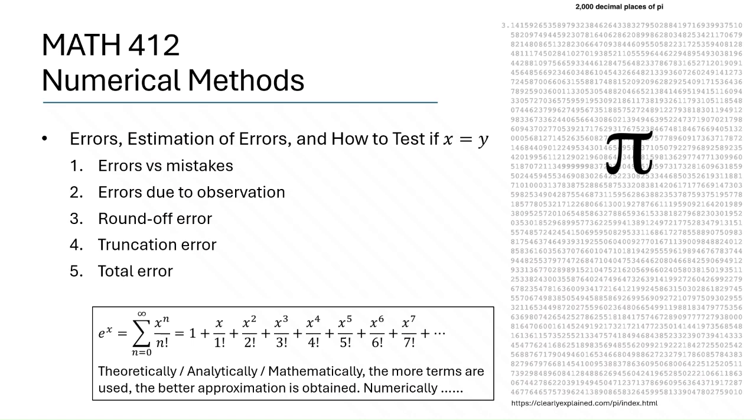We only use a finite number of terms. One term, that's not good. Two terms, a little bit better. Then three terms, four terms, five terms. And we know theoretically, mathematically, the more terms we choose, the better approximation will be obtained, right? That's something we know.